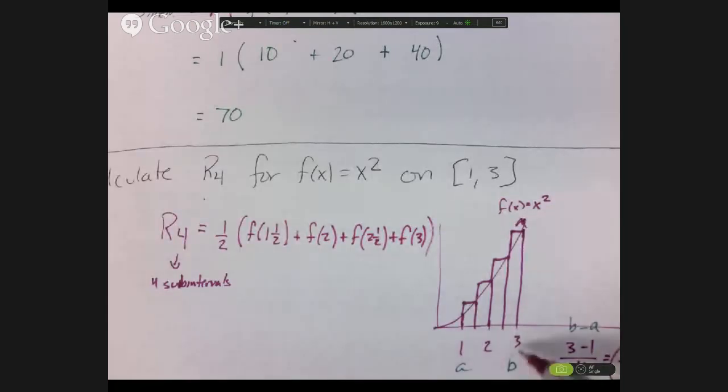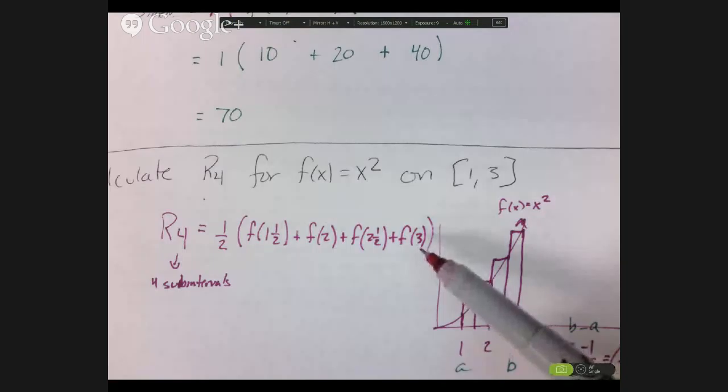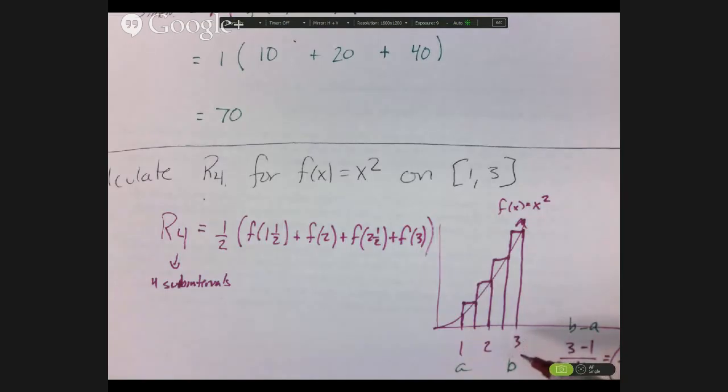We got to the end of our interval here. With the right-handed endpoint, that's going to be the last one. If you're with a left-handed endpoint, the last one's going to be that one.